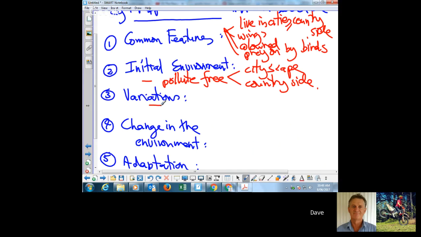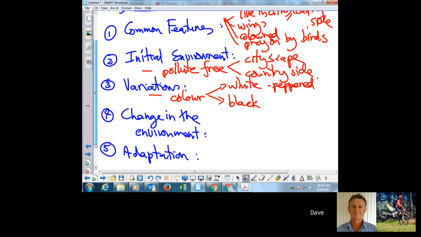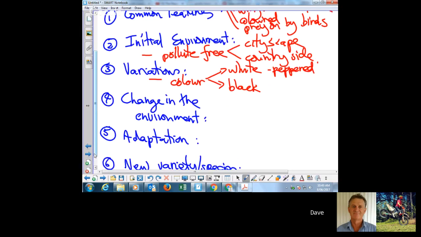Okay, so we had colour. Basically there was, well, they were white, which was called peppered. And there was black. So both of them existed in the population as part of the variation. Now the change in the environment was it became polluted from coal burning.